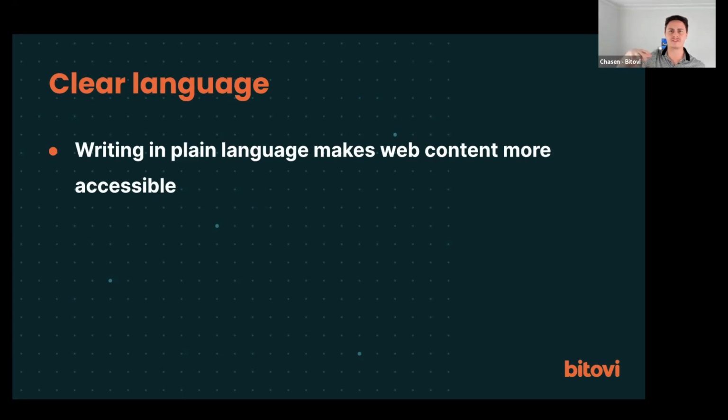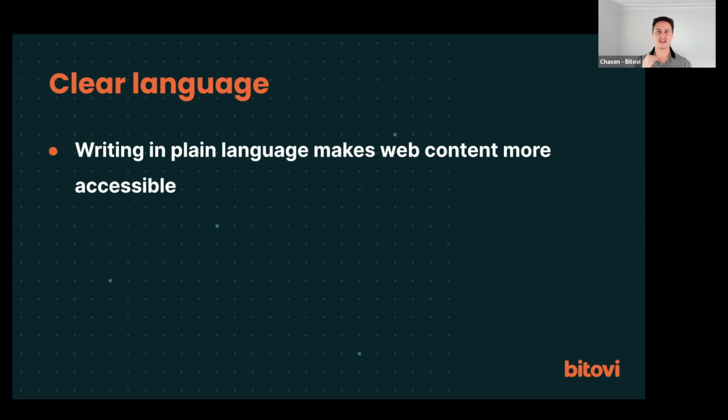Sometimes people think of writing in terms of the language level or the reading level of something. I think roughly a 9th grade reading level or lower is what folks aim for. Because if writing is complex, it can be confusing, it can be hard to understand.